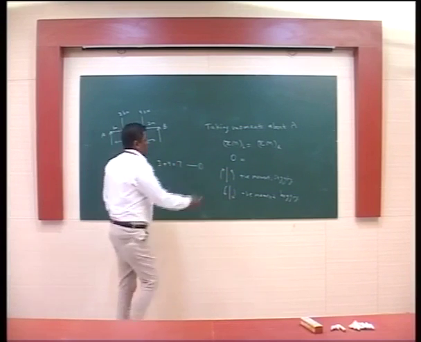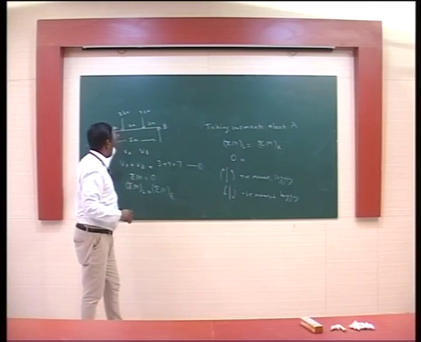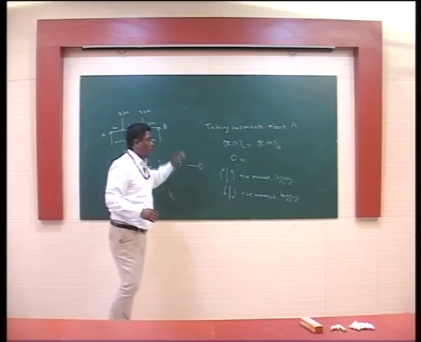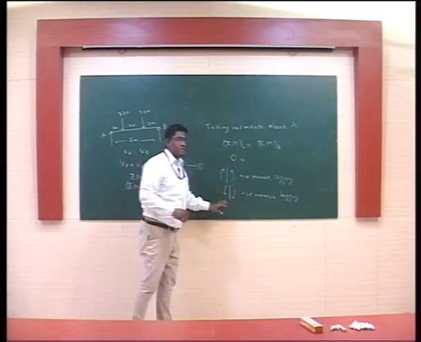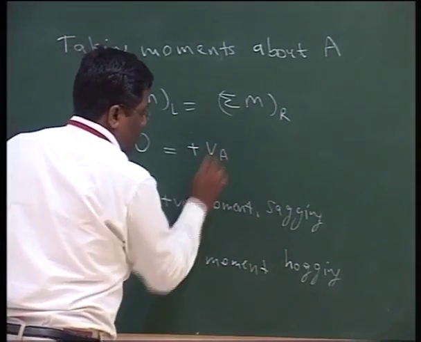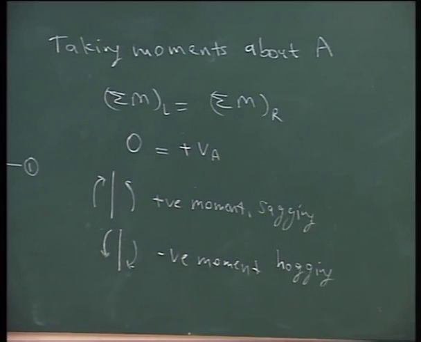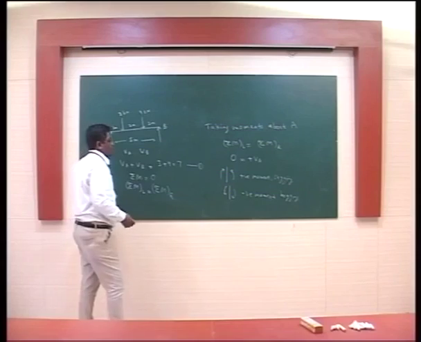Now, what exactly will come here? There are 4 forces, VA, 3, 4 and VB. First of all we take VA. From this sign convention we can say that VA will be positive because it is causing the upward bending moment. Now what is the distance?